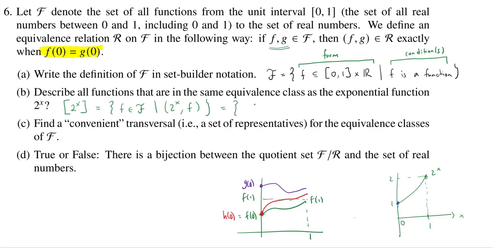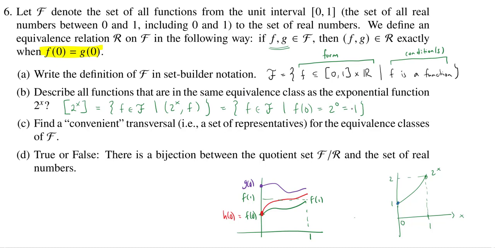So this is going to be all functions such that f of 0 is equal to 2 to the 0, but 2 to the 0 is equal to 1. And that's all it is. That's what the equivalence class looks like. It's functions whose starting value is at 1. Okay, that is when you put 0 in for x, you get output of 1.